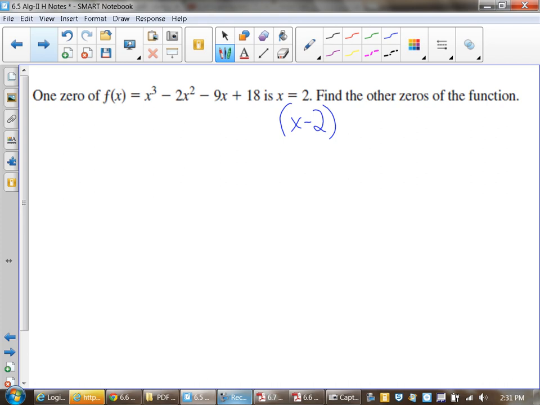I know it told me in the problem one zero of x cubed minus 2x squared minus 9x plus 18 is 2. That 2 goes out on the outside. Do I need to worry about any of my coefficients? Do I have to worry about any placeholders?